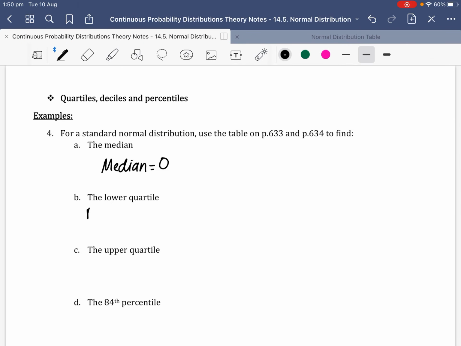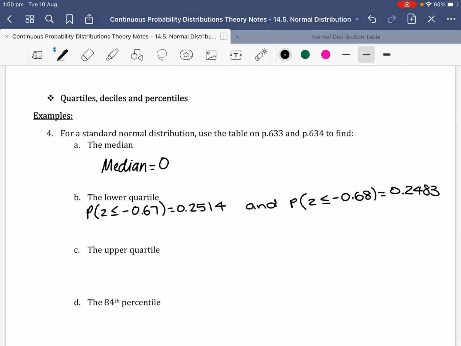So we have the probability of Z is less than or equal to minus 0.67 equaled 0.2514. And we had the probability of Z is less than or equal to minus 0.68 equaled 0.2483. Now we're going to work out which one is closer. So the 0.2514 is closer.